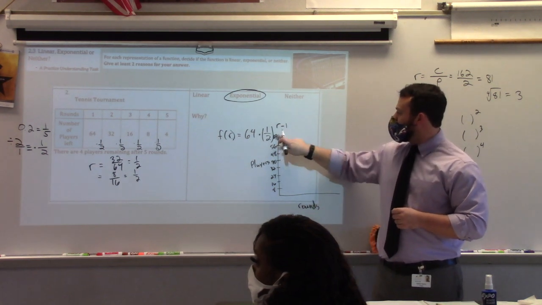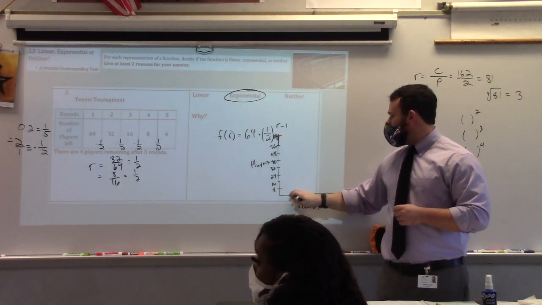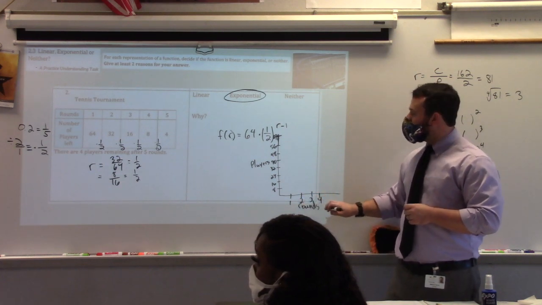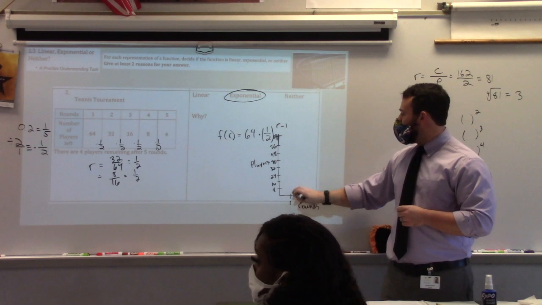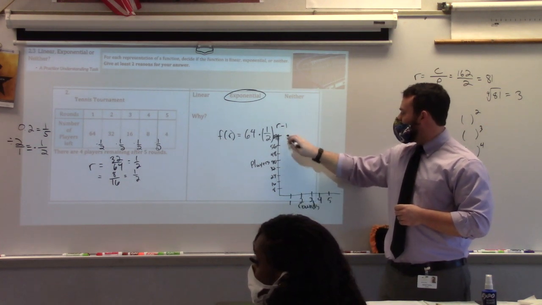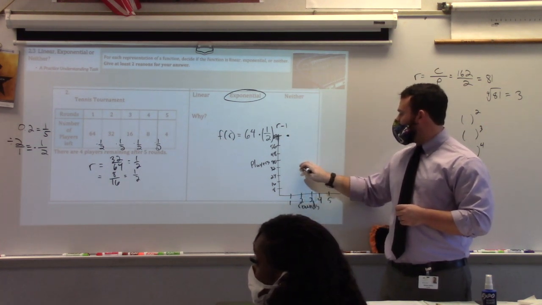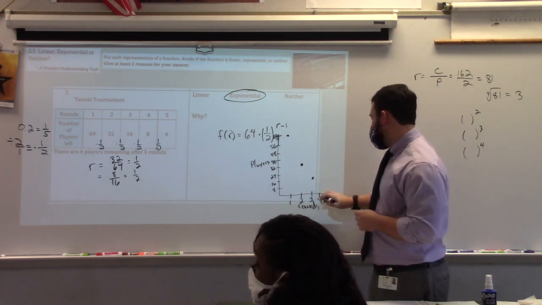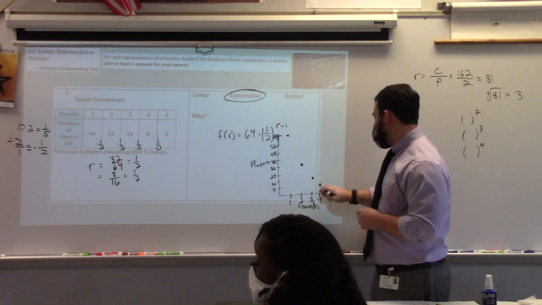Whoops, that's not where that's supposed to be. So 1, 2, 4, and 5. So 1 round in, we had 64 people. 2 rounds in, we only had 32. 3 rounds in, we were down to 16. 4 rounds in, we were down to 8.